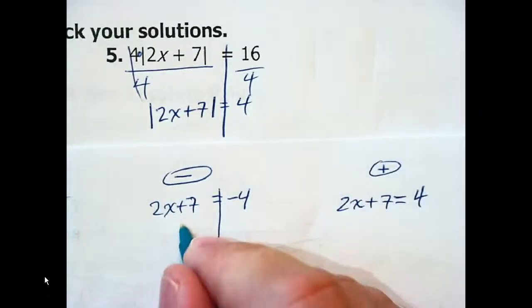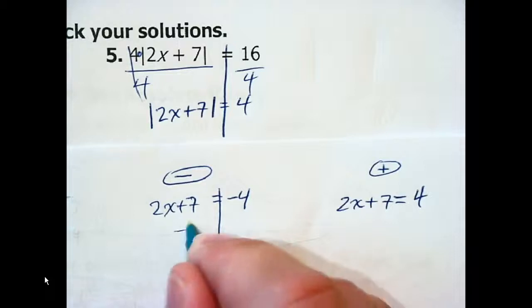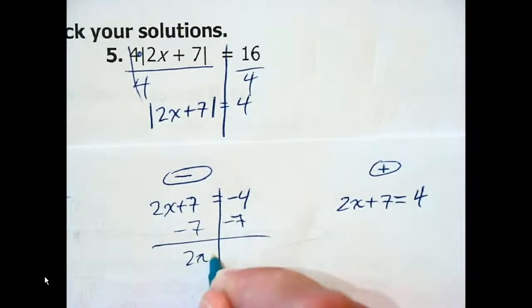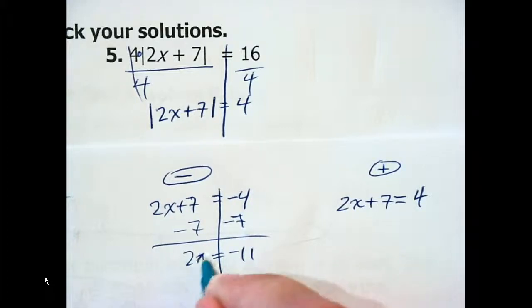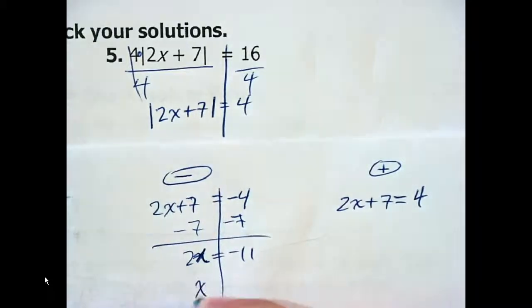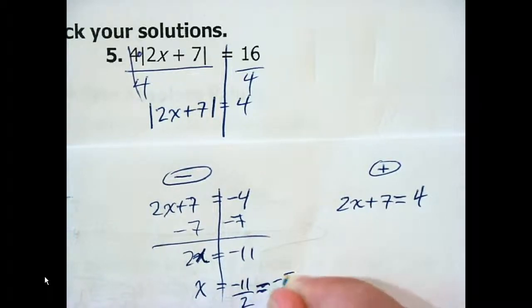Solve it up. Subtract 7 on both sides. Get 2x equals negative 11. Would you drop the whole 2x plus 7 down and then wouldn't that equal 4? So x equals negative 5.5, right?